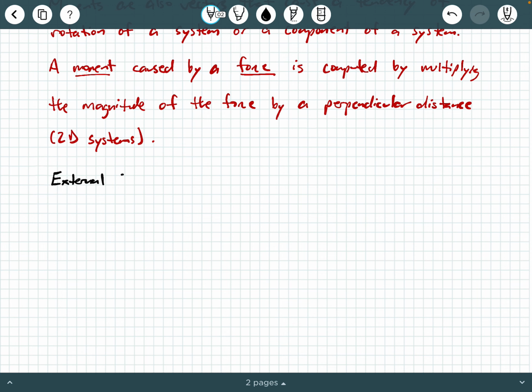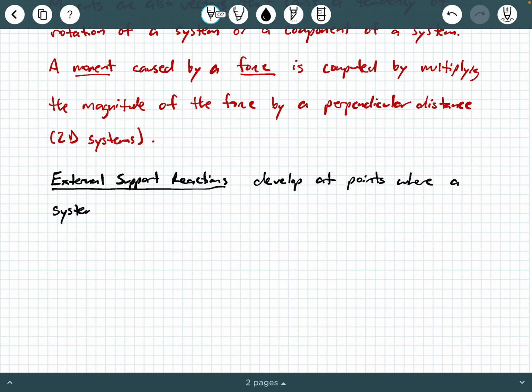Well, external support reactions, we're going to underline that because that's really important, develop at points where a system is supported, or at points of contact between bodies. Okay?